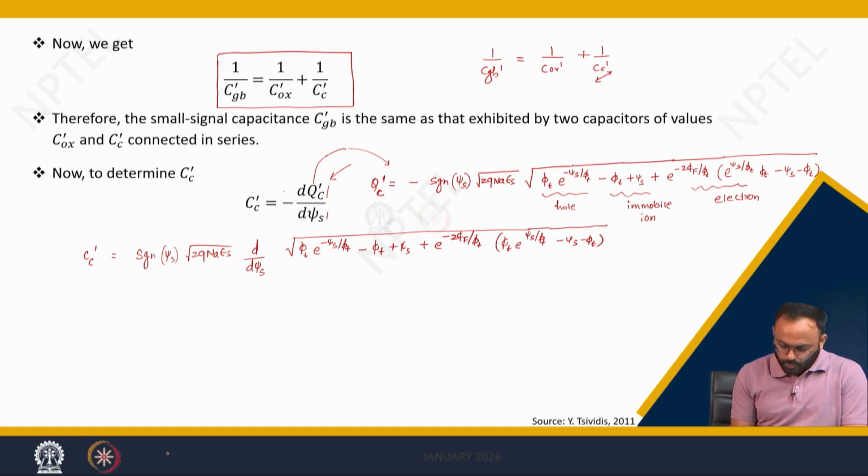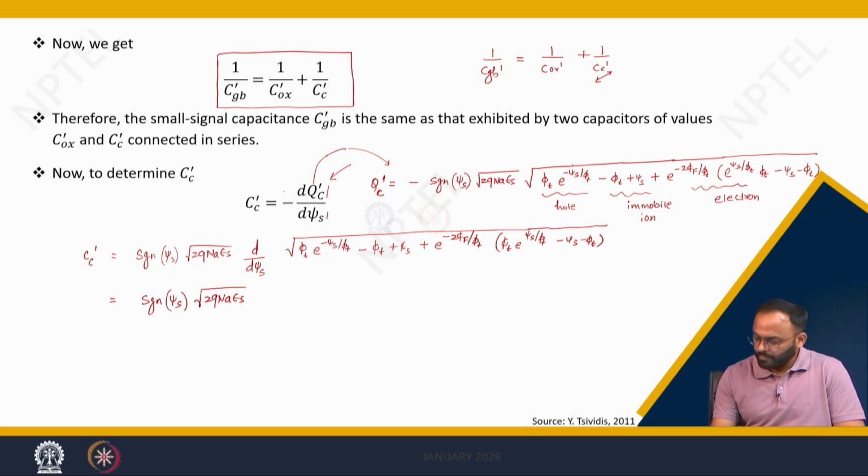If we do the differentiation, we will get signum of psi s times the square root of 2 q Na epsilon s. The differentiation of square root of x is what, right.